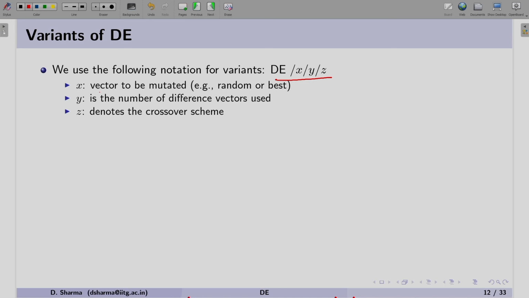Here x represents the vector to be mutated. For example, we can use either random or the best. Y is the number of difference vectors used, and Z represents the crossover scheme. The algorithm which we have gone through also has a version.